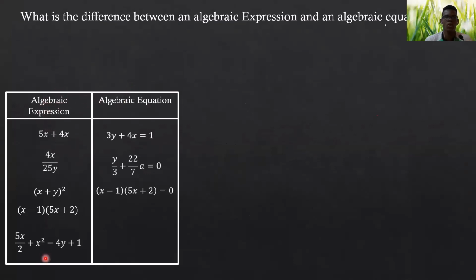You notice all of the expressions on the left-hand side don't have equal signs, but the ones on your right do. That means they're solvable.